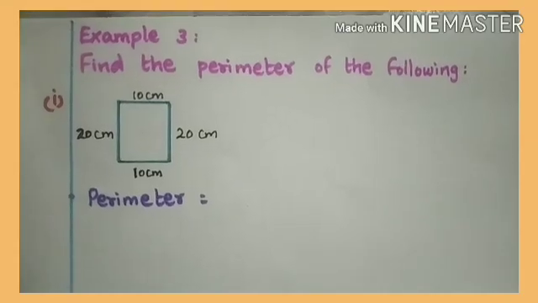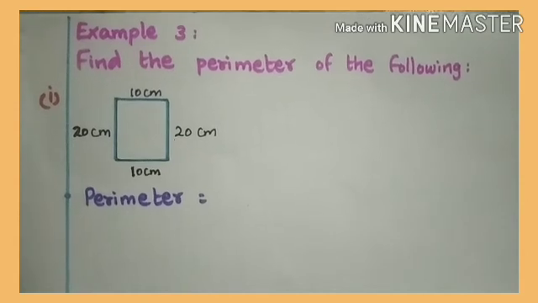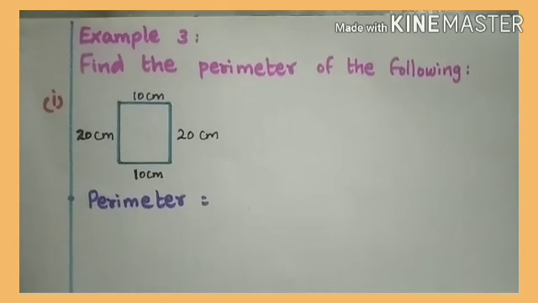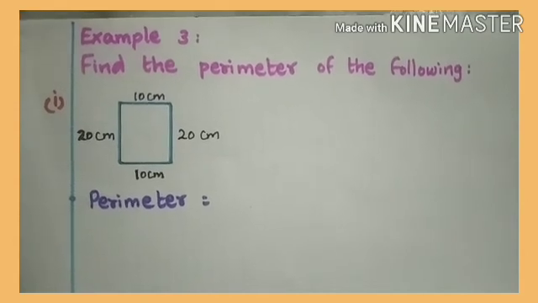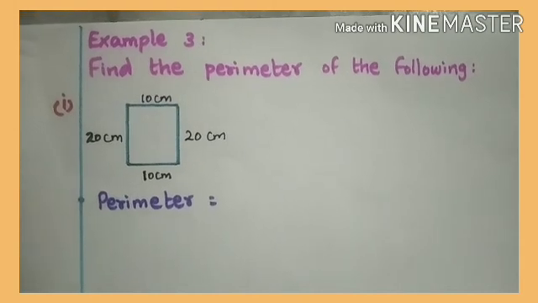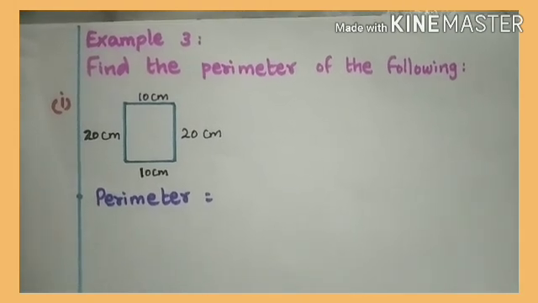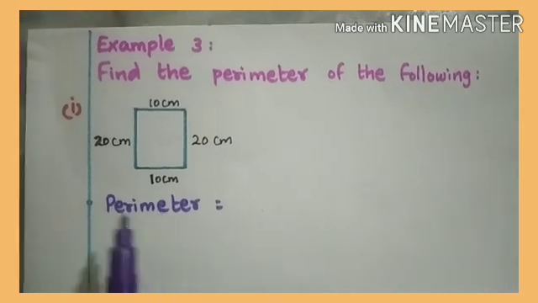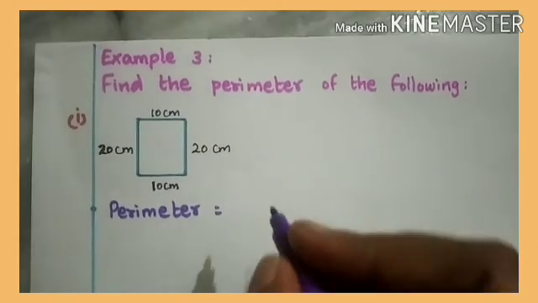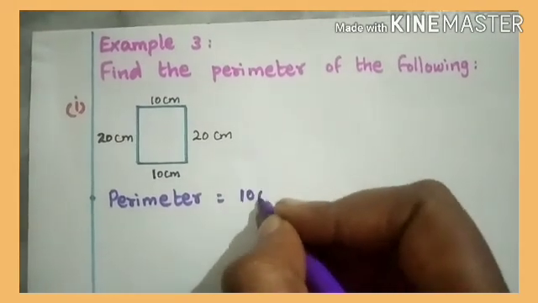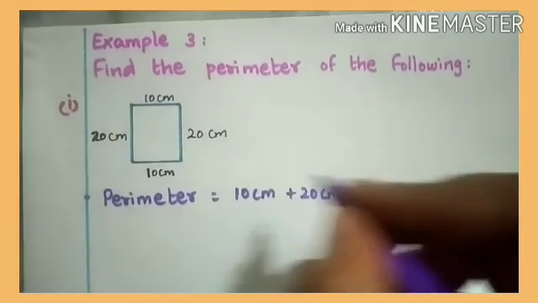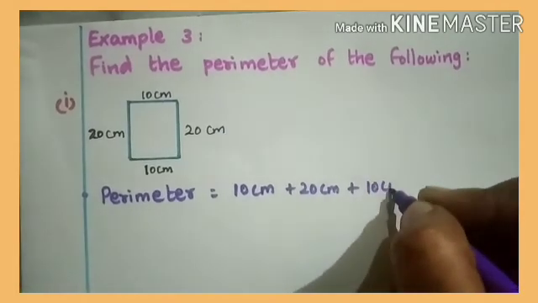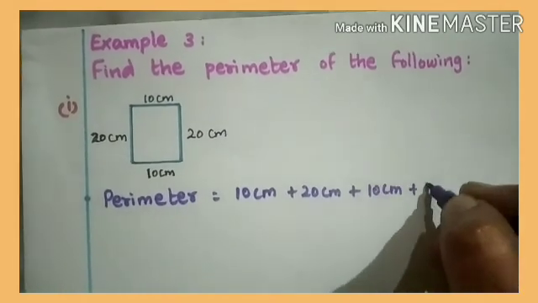Example 3. Find the perimeter of the following figures. Let's find the perimeter for the given figure. So we have to add the length of all the sides. Perimeter is equal to 10 centimeter plus 20 centimeter plus 10 centimeter plus 20 centimeter.